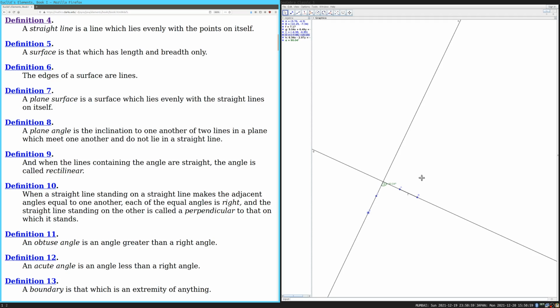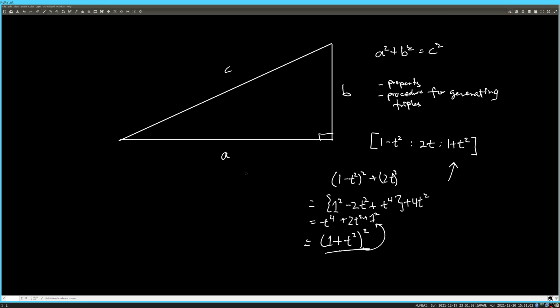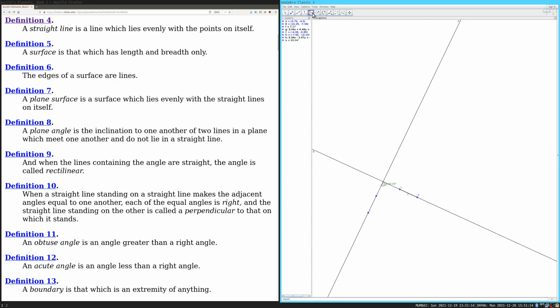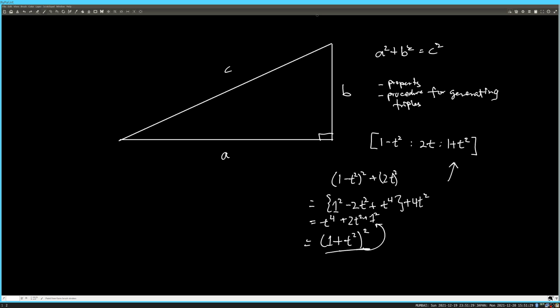So what I think he means is this idea that I can maybe have two curves, and the curves meet at some sort of angle. Right, I think that's the idea.